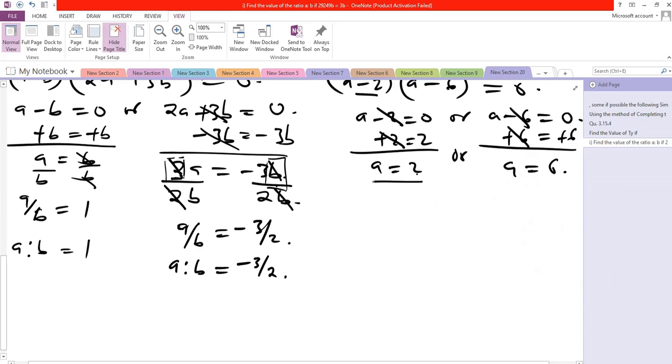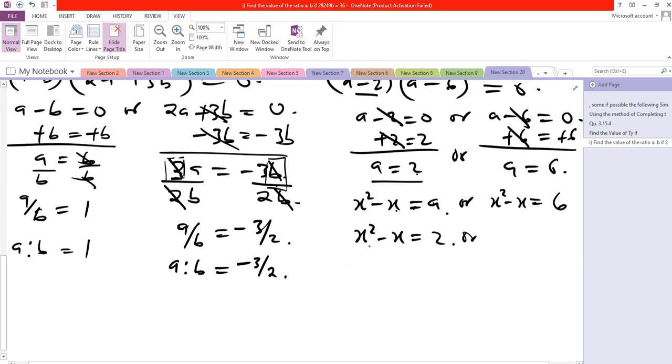So let's solve this. For a equal to 2, already we have assumed a to be equal to x squared minus x. So that means x squared minus x is equal to 2, or x squared minus x is equal to 6.